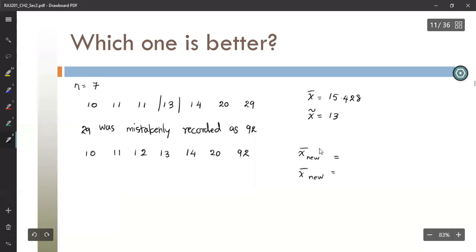You can clearly see that the median is not changed at all, right? The median will remain the same. Now what will happen to the mean?